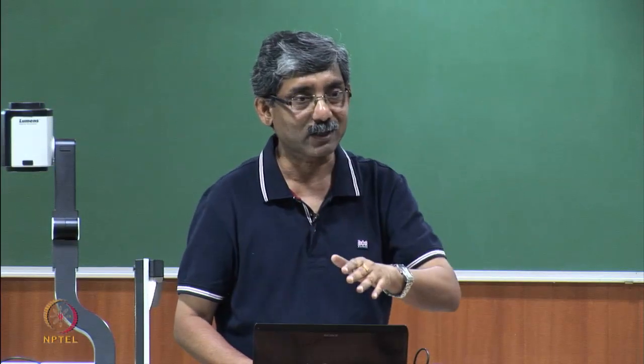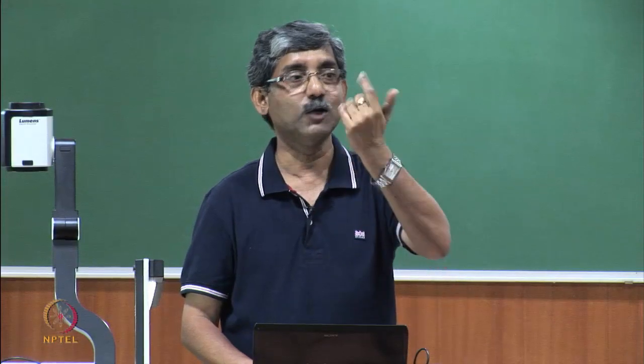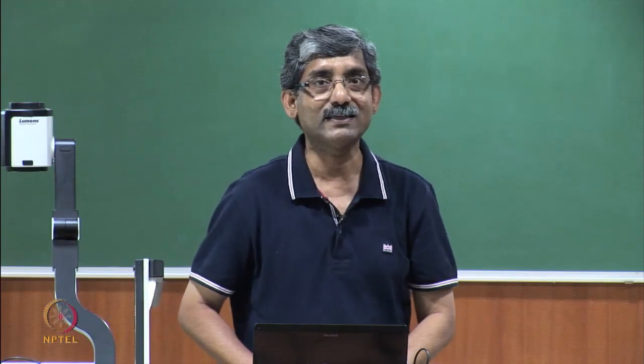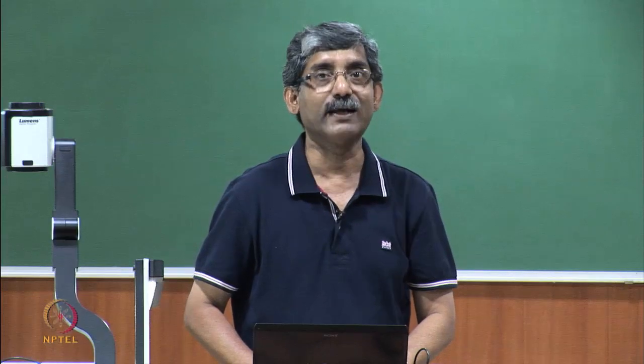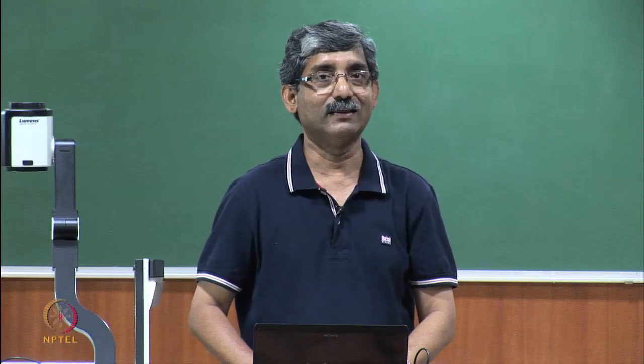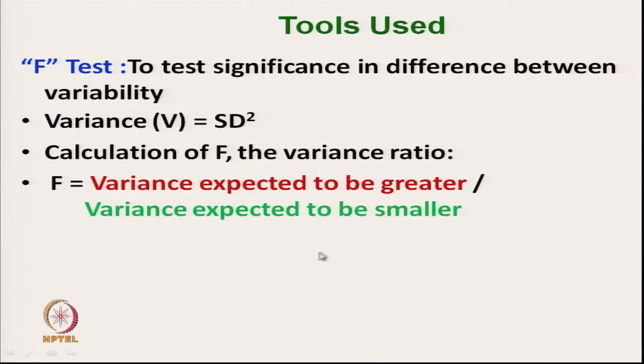The higher variation will always go in the numerator. So, variance expected to be greater, and then variance expected to be smaller, to have an F value more than 1.